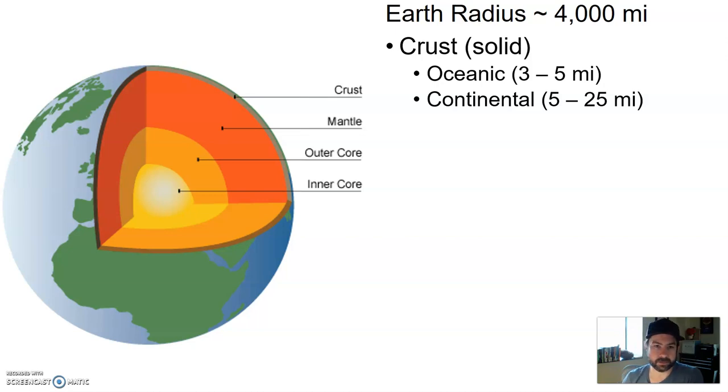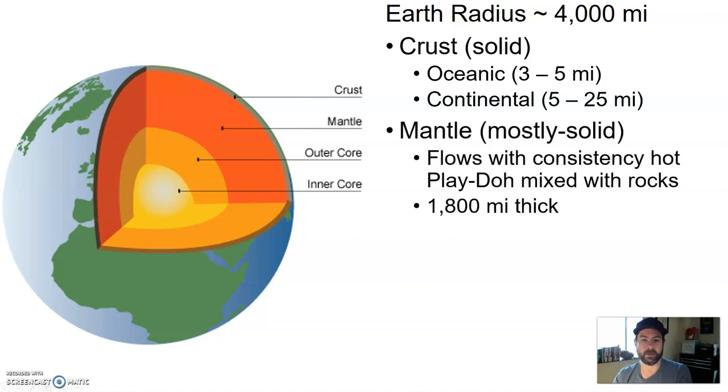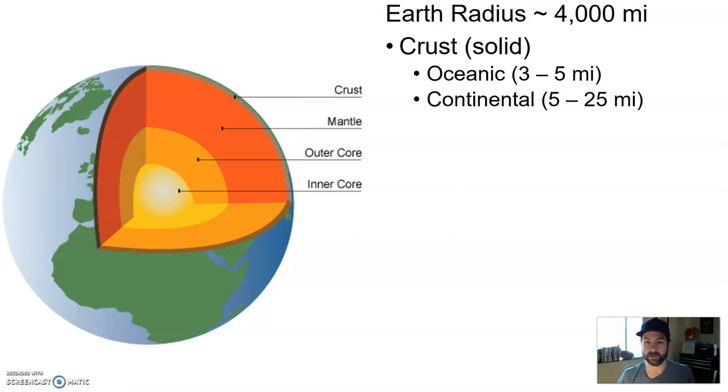But in any case, the crust is solid. Ignoring the ocean, underneath the ocean is solid crust, but there are two different types. And again, the crust is what we're on, just a very thin shell of the Earth.